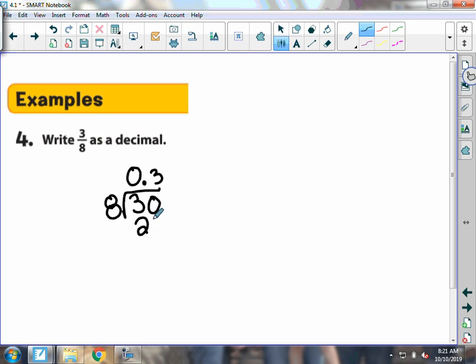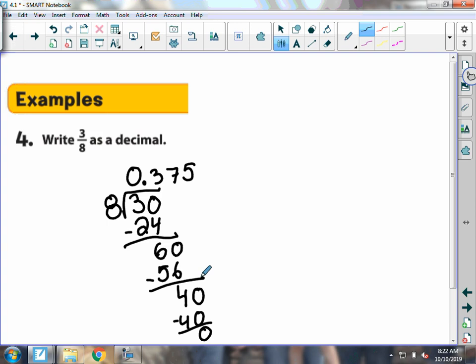That's 24. So I subtract, I get 6. I bring down a 0. 8 goes into 60 7 times. And that gives me 56. I have 4 left over, so I add another 0. And 8 goes into 40 5 times. And then I've zeroed out. So 3/8 as a decimal is 0.375.